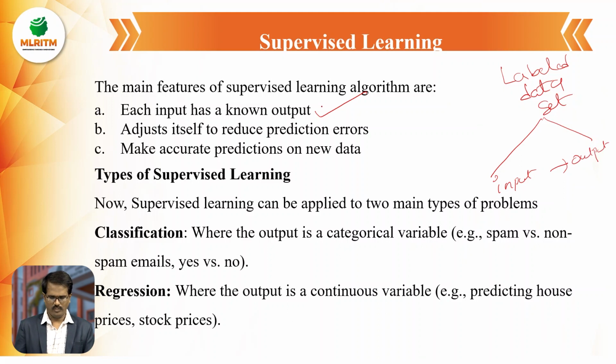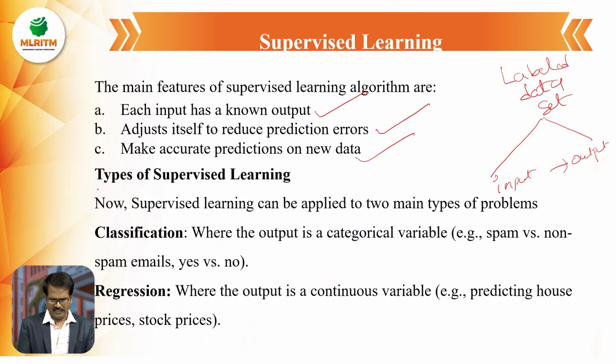Each input has a known output. While performing the task, the supervised learning algorithm adjusts itself to reduce the prediction errors, and makes accurate predictions on new data. So these are the three main features of the supervised learning algorithm.